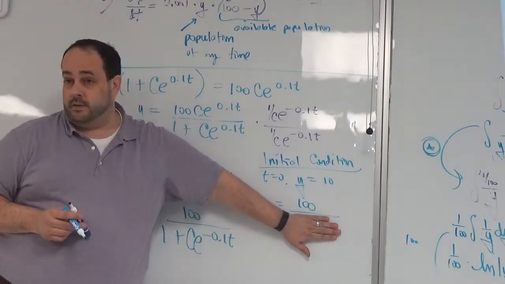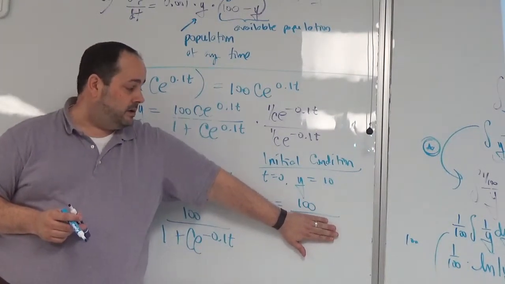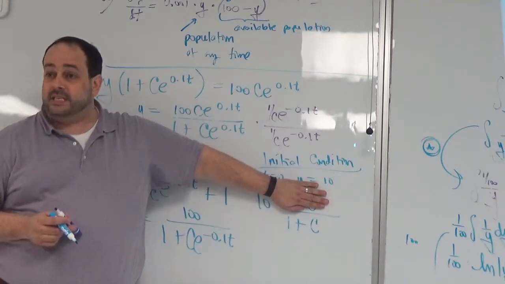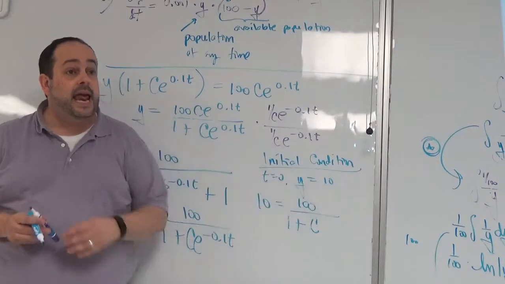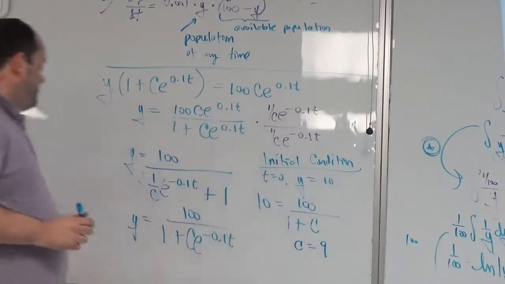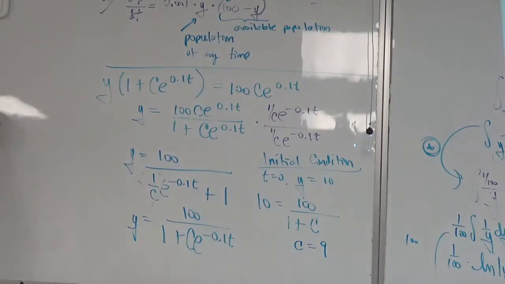What has to be down here? 10. So if that 1 plus c is equal to 10, then c has to be 9. So c is equal to 9. So your final equation is going to be y equals 100 divided by 1 plus 9 e to the negative 0.1 t.